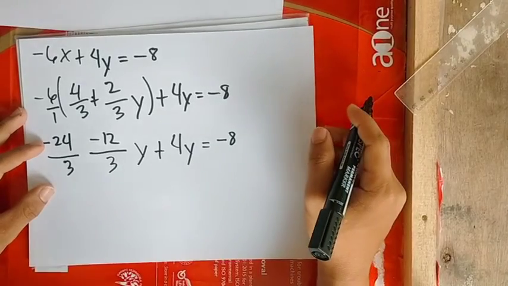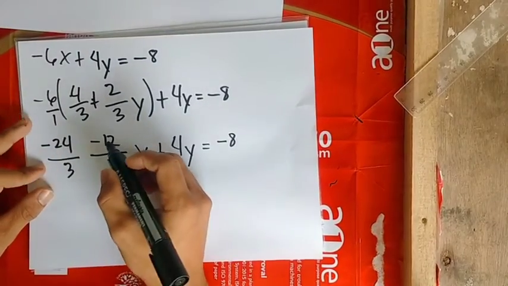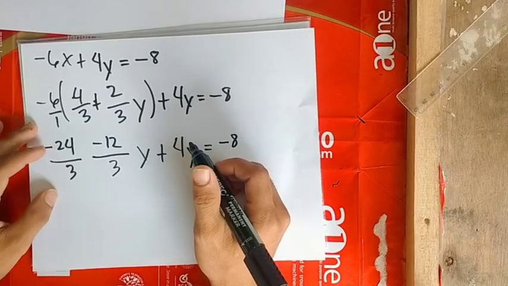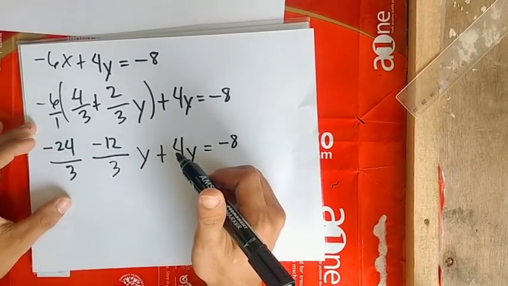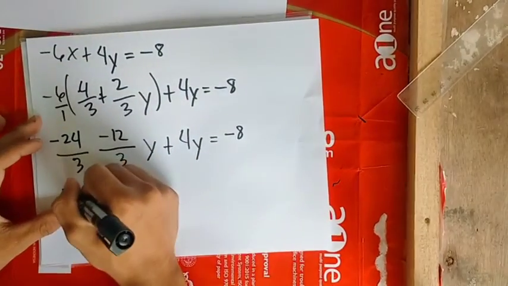Next is to divide the fractions. Negative 24 divided by 3 is equal to negative 8.